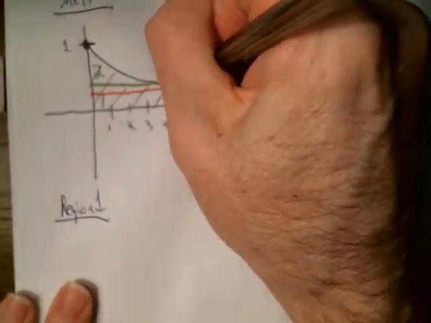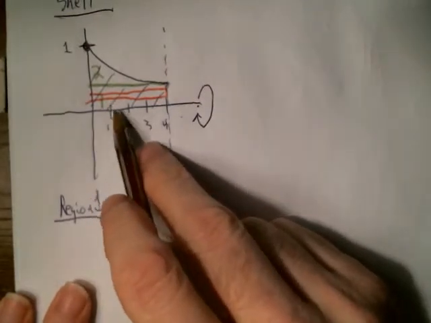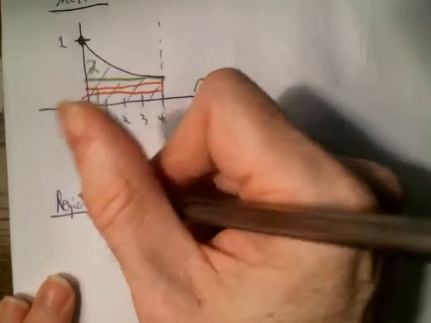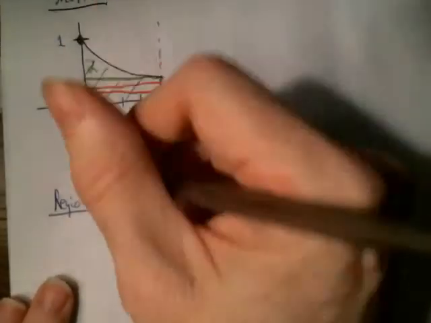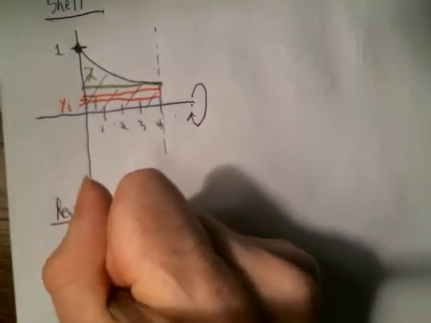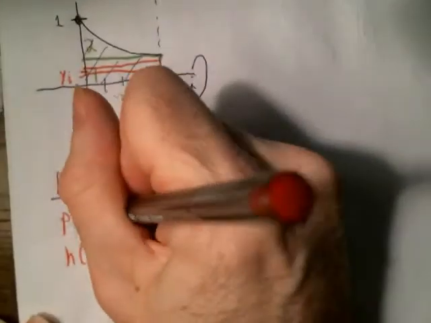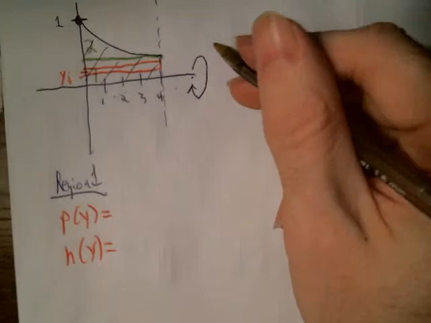The rectangle has its base on the y-axis, so everything's in terms of y. So I'll need p of y and h of y for this particular rectangle. I'm looking at position y sub i. So p of y and then h of y. p of y, because we're rotating about this axis, is just going to be y.